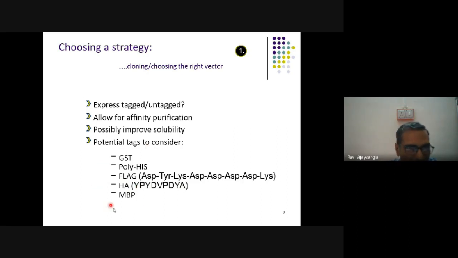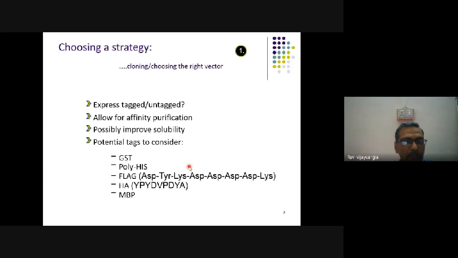So these are some of the tags which are called affinity tags. They can be included along with your protein by cloning your gene along with the sequence for the tag. It is only possible in recombinant DNA technology, where you can introduce the tag and the protein will have this tag fused to it, and these tags will help to purify the protein.